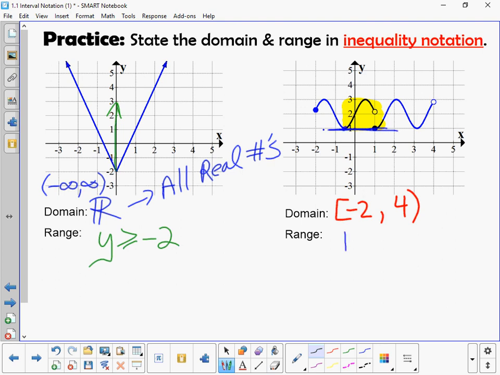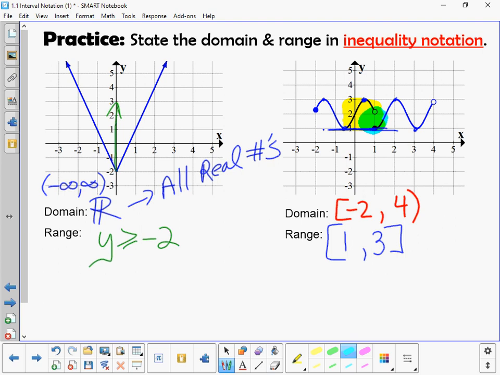And it's touching that 1. It's included. And the highest value is 3. It hits that value of 3 a couple of times. And also included.